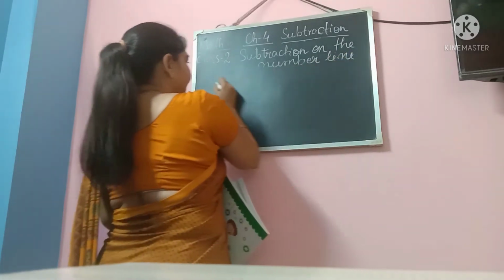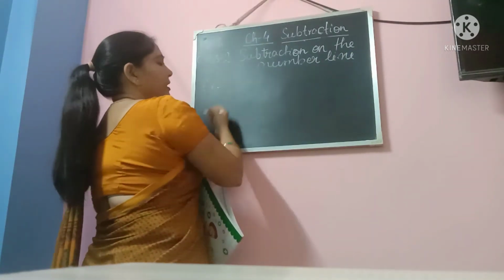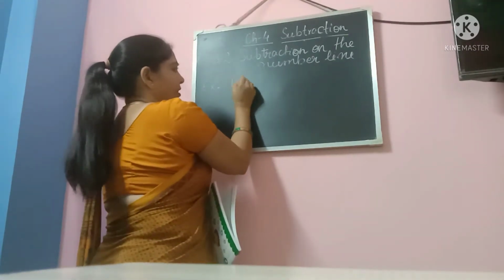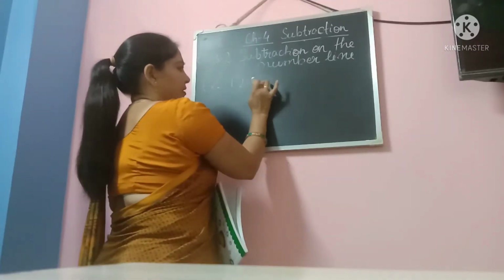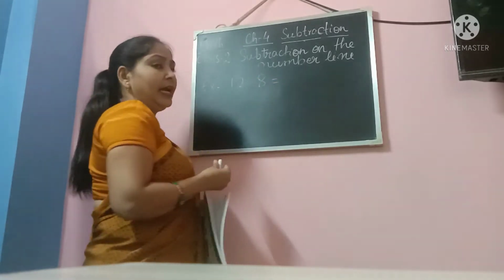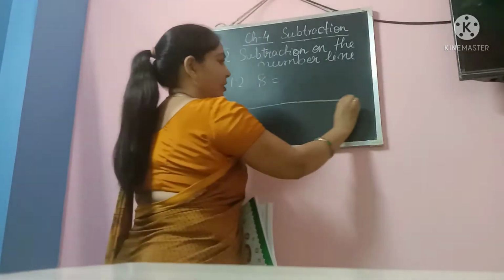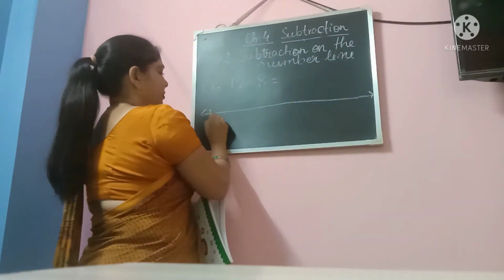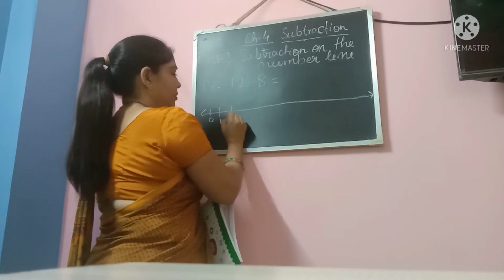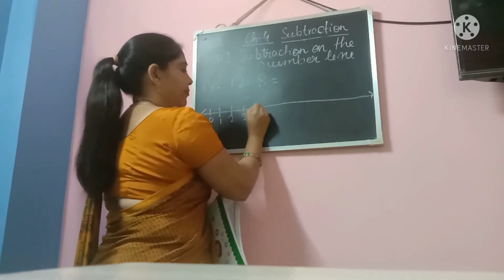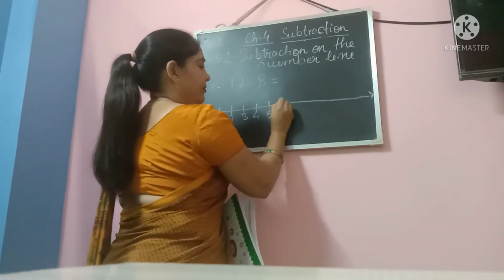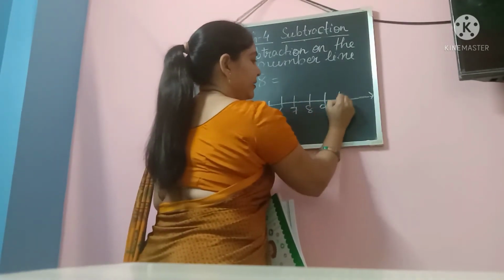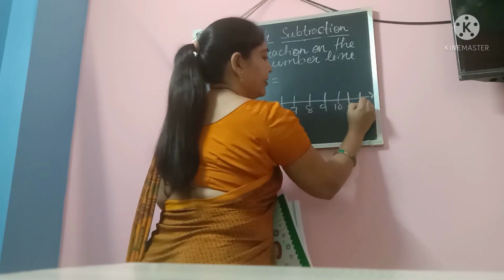Let us take one example. Say for example 12 minus 8. Now this I am going to explain with the help of a number line. Let us start again. 0, 1, 2, 3, 4, 5, 6, 7, 8, 9, 10, 11 and 12.